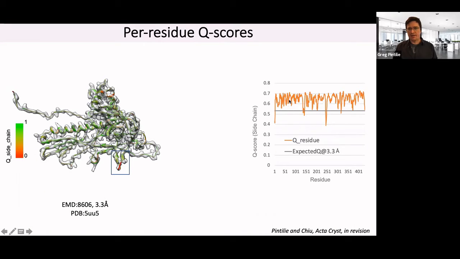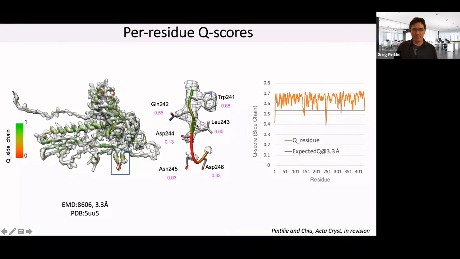Wherever the Q-score is higher than this expected Q value, that means it's as you would expect. But then you might see these dips, which you can look at and see what's going on there. In this case, this dip corresponds to this part here, which is colored in red.